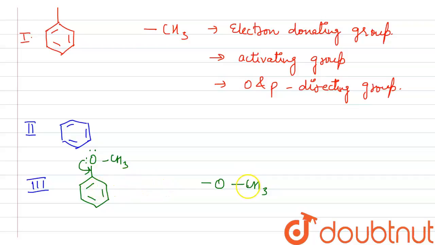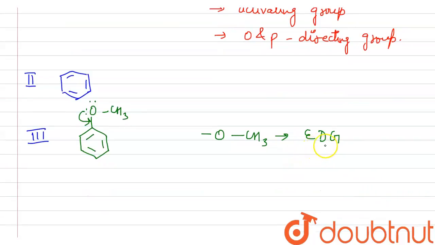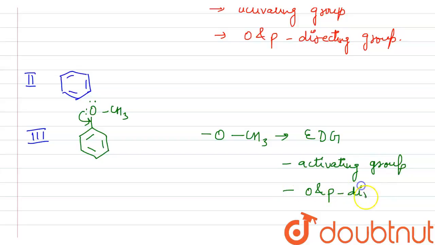So it will behave as an electron donating group. Again, the methoxy group will behave as an electron donating group, and it will increase the electron density over benzene. So it is an activating group for electrophilic substitution reaction, and again the electron density will be increased on ortho and para positions, so it is an ortho and para directing group.